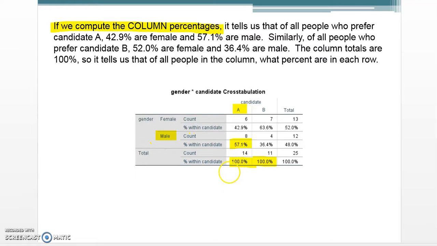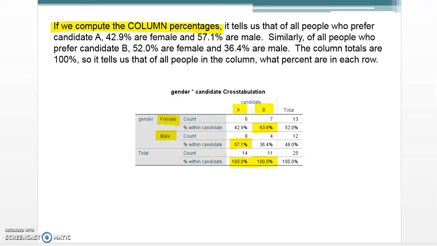That tells us that out of all the people who would prefer A, 57.1% of those are male. Similarly, out of 100% of people who would prefer B, 63.6% of those are female. So that's what it tells us for the column percentage.